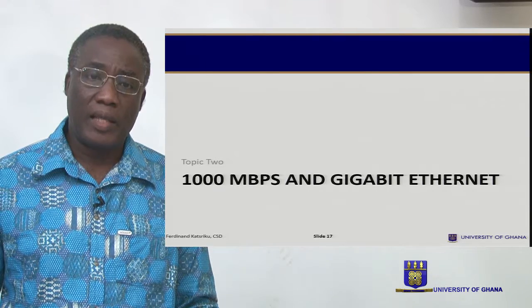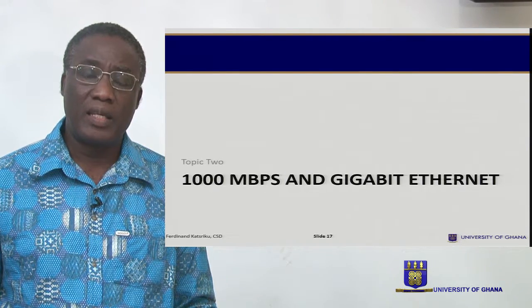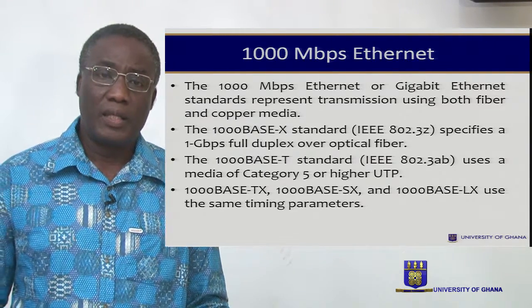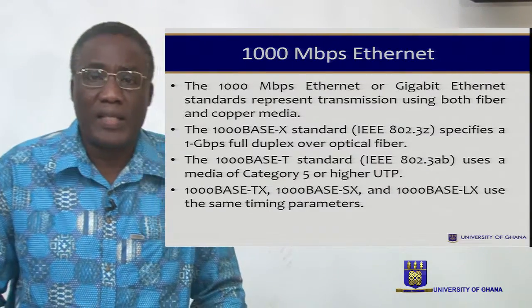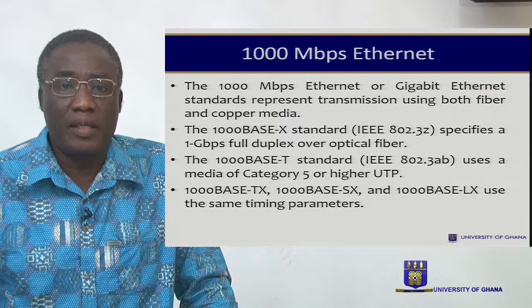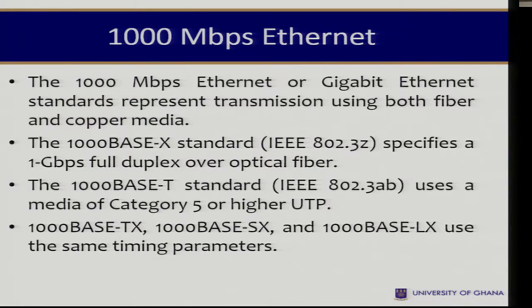Let's now look at the 1000 megabits per second, the Gigabit Ethernet. The 1000 megabits per second Ethernet, also known as the Gigabit Ethernet standards, represent transmission using both fiber and copper media.